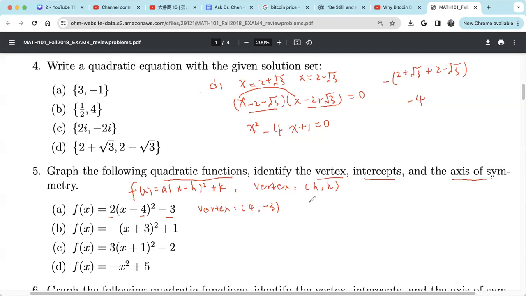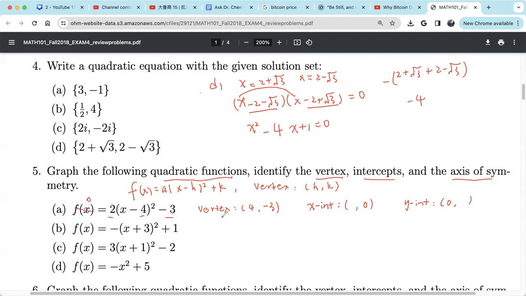Now let's do the x-intercepts. Let's review the definition of intercepts. X-intercepts mean the y value is 0, and y-intercepts mean the x value is 0. So x-intercepts mean f of x is 0.